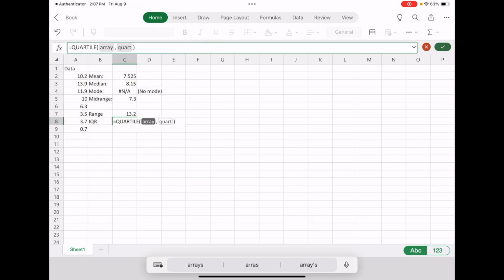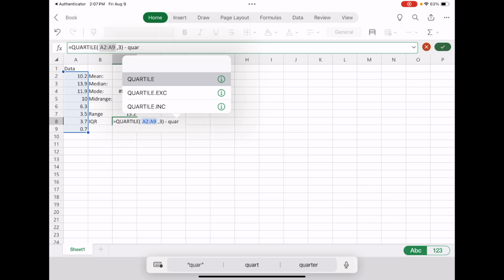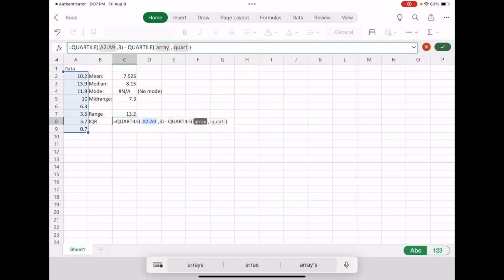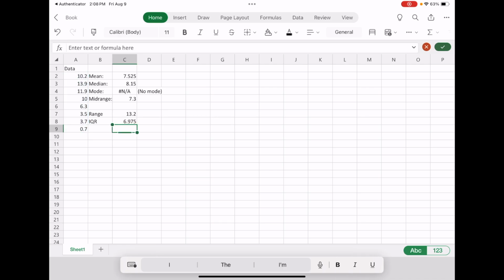Okay, so we'll go with quartile. Put in the range here. And then we'll put in 3 for the third quartile minus quartile. There's the same range minus the first quartile. That's what we want.